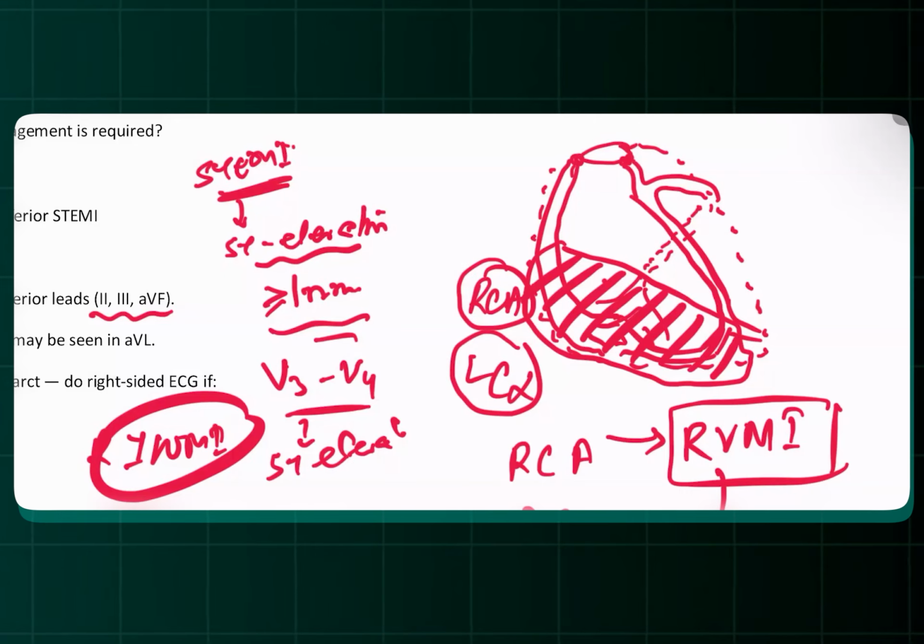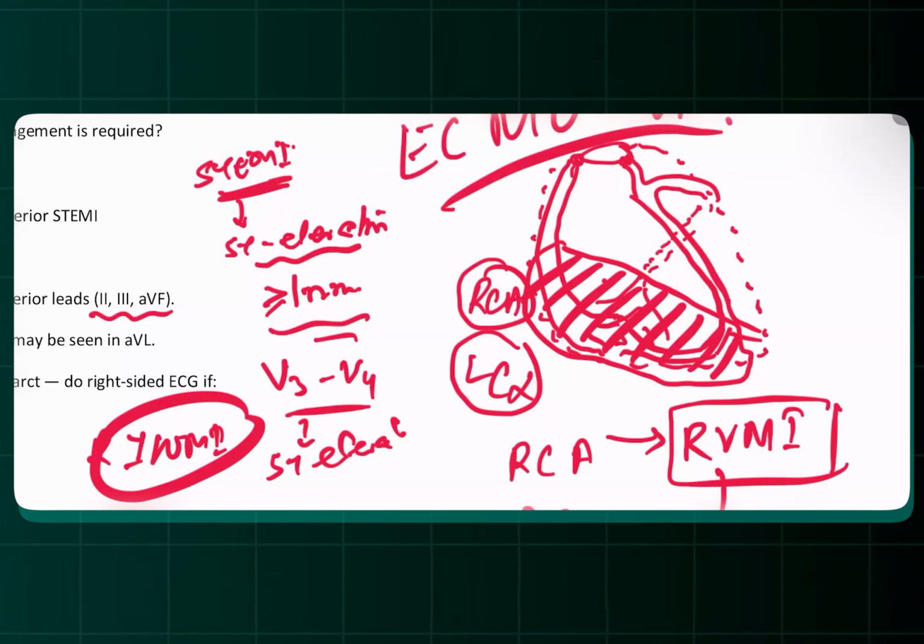The only therapy that will work there is ECMO. Nothing else. So if you have a diagnosis of RVMI with cardiogenic shock and you have loaded up the patient with IV fluids and they still remain in cardiogenic shock, there is no benefit of making IABP the next modality of choice. The next modality of choice will be directly VA ECMO.